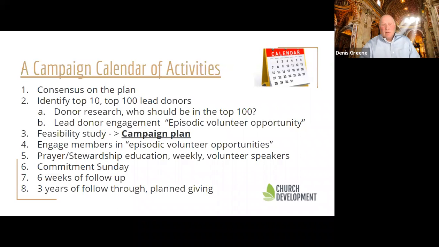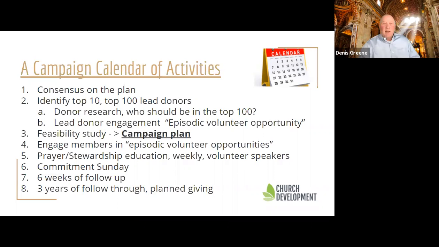This is a sample campaign calendar of activities for another church that I worked through with them. After the consensus on the plan, which is all of the Jennifer, Randy, Charity activities, we identify leadership potential donors and make sure that they are invited to become engaged and involved. And we want to interview some of those folks as well.